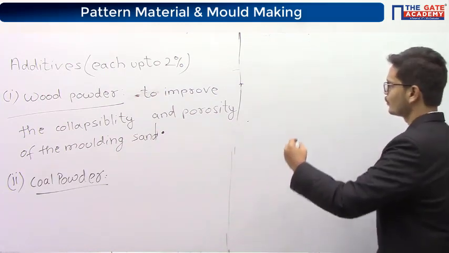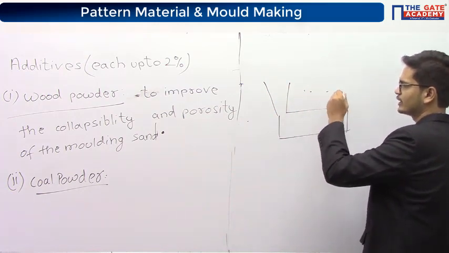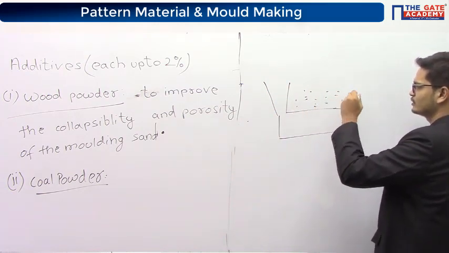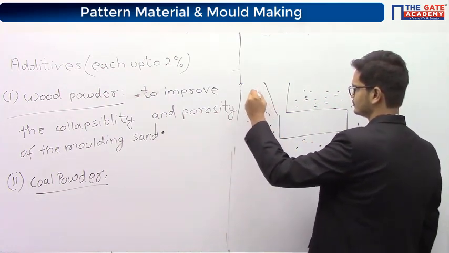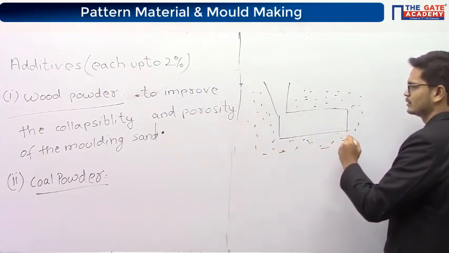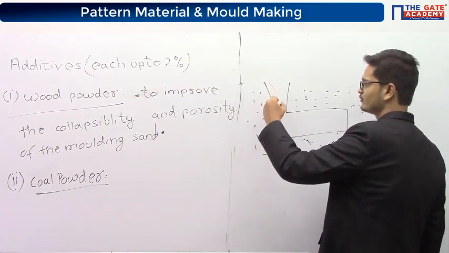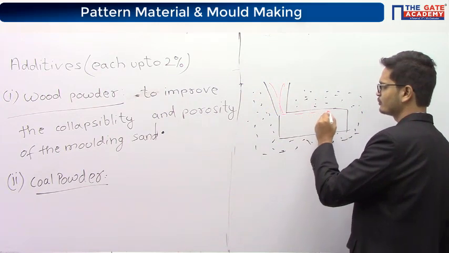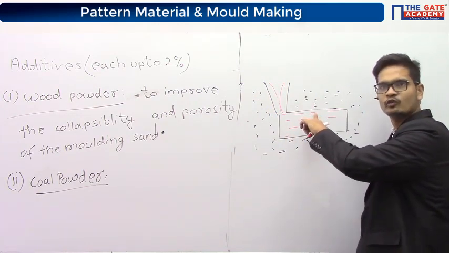Porosity once more. Okay. See. Let's suppose this is a cavity and here we have the molding sand. When we are pouring the molten metal, before the molten metal some air was there.